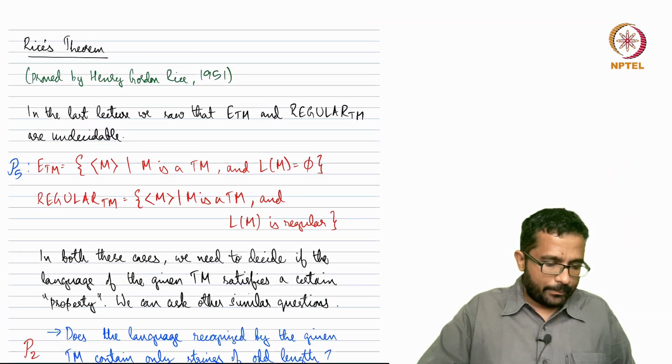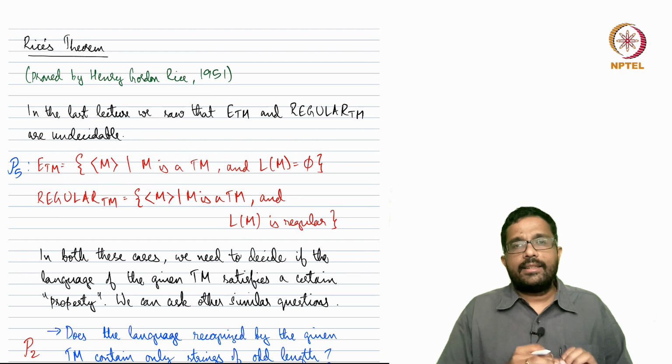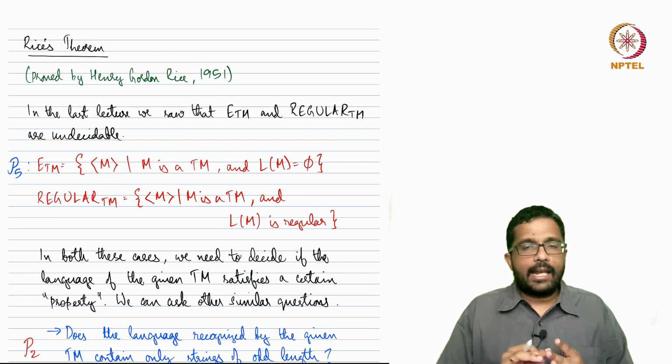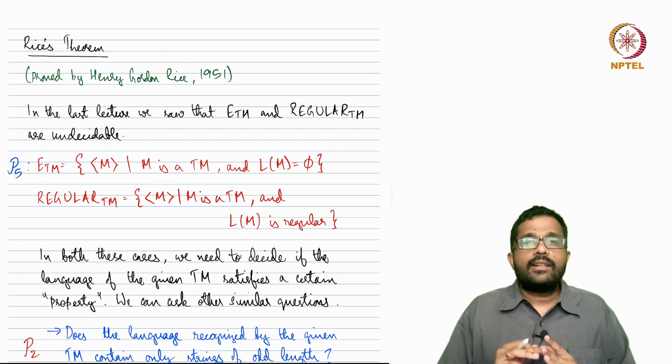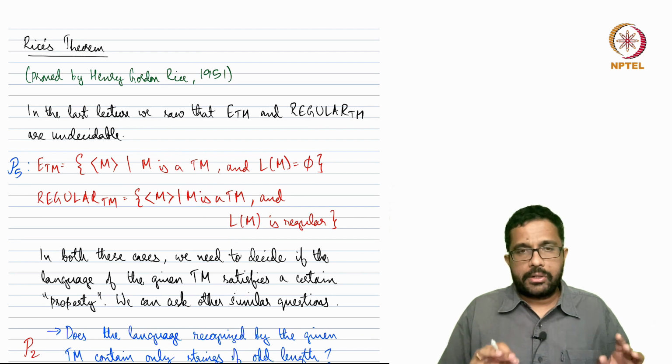So what is Rice's theorem? Given a Turing machine, it is undecidable to determine whether the language recognized by the Turing machine satisfies a certain non-trivial property.